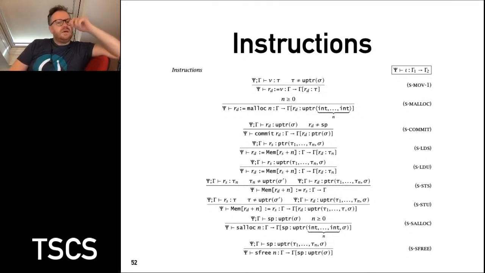These pointer types now distinguish shared and unique pointers. Unique pointers are U pointers, and PTR are pointers inside of the heap. So the LDS rule relates to loads from shared pointers, and LDU relates to loads from unique pointers.